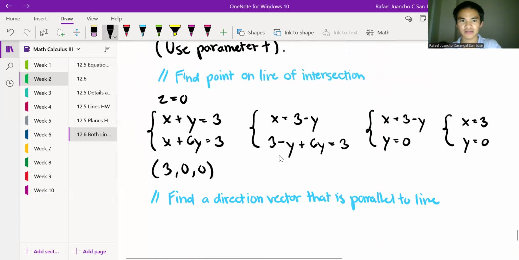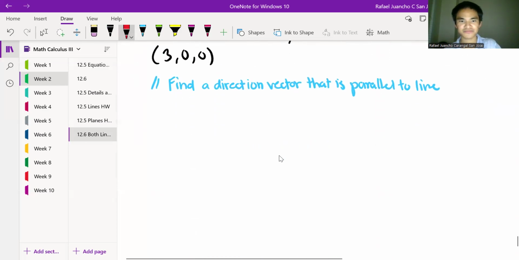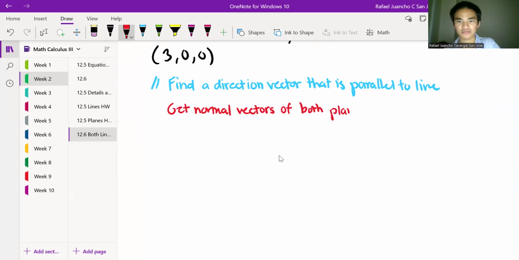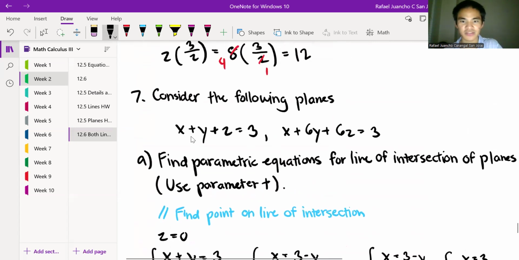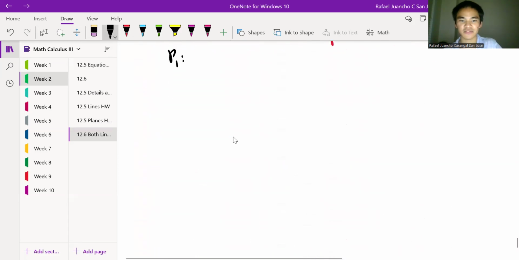So we want to get the normal vectors of both planes. For plane one, let's just do the first one, it doesn't really matter. Plane one: x plus y plus z is 3.